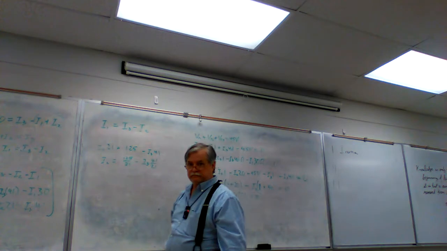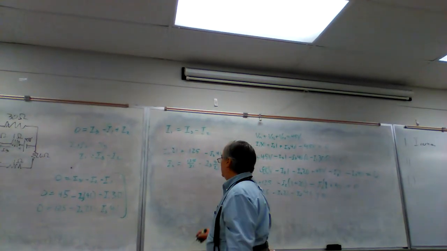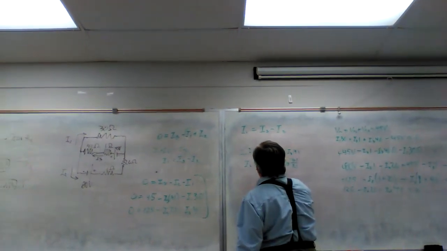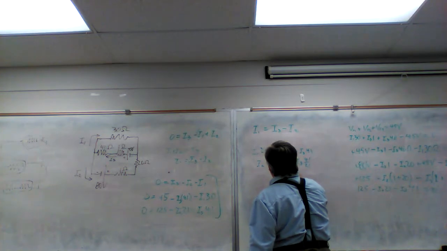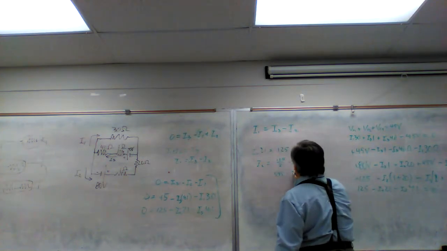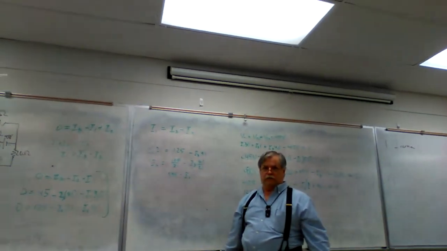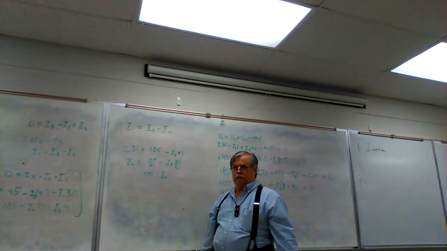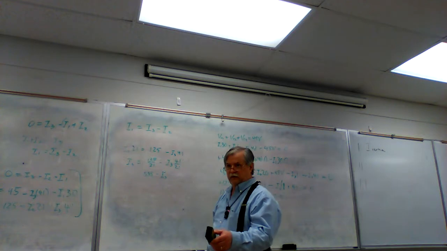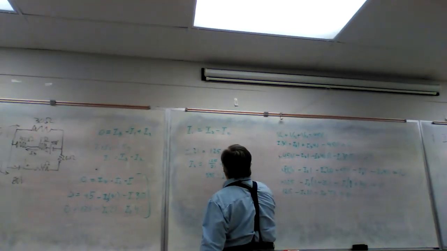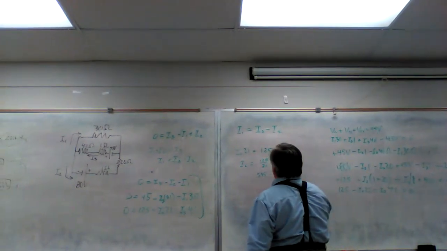Somebody? 5.95, minus I3 times 41 divided by 21. 1.95. Okay.